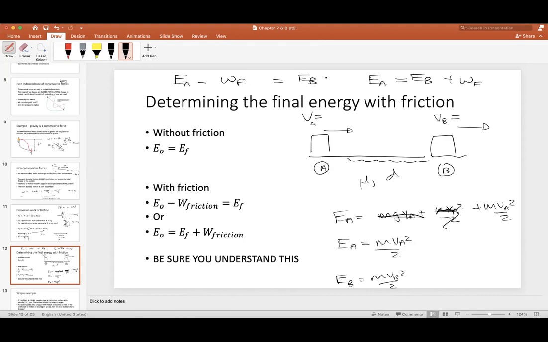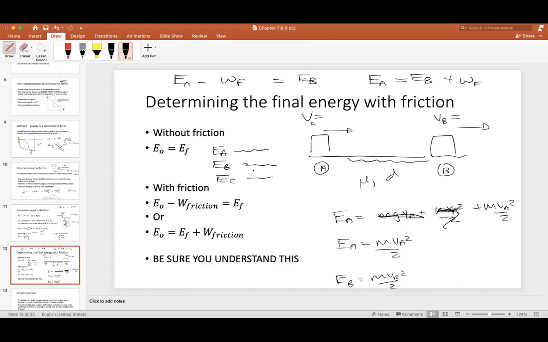That's important because in our algorithm, we're being taught to write down EA is this, and EB is this, and EC is this, and then setting them equal. But we need to figure out where to put the friction.